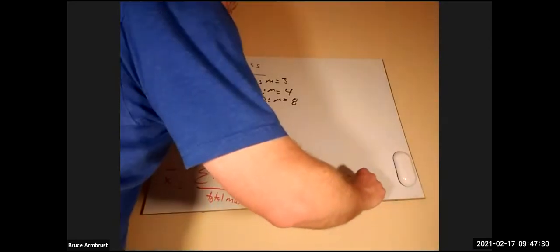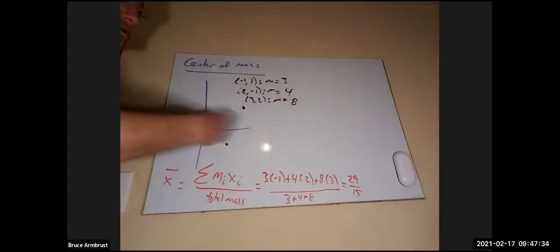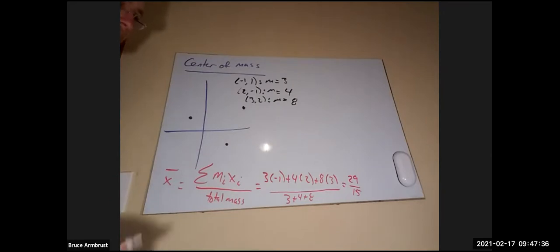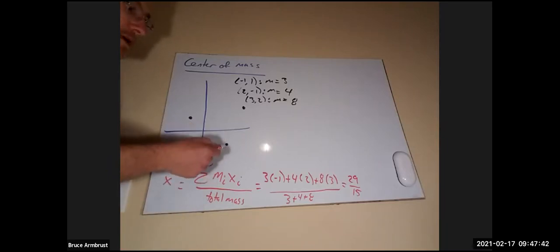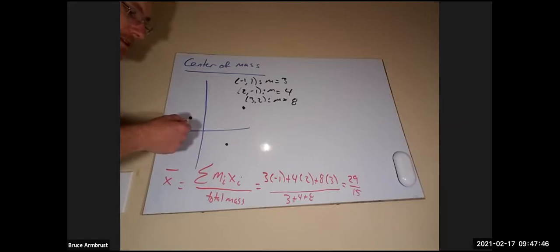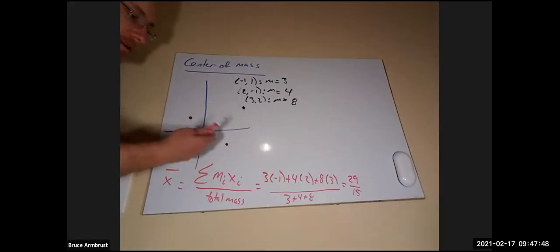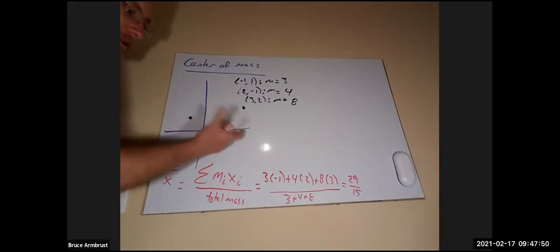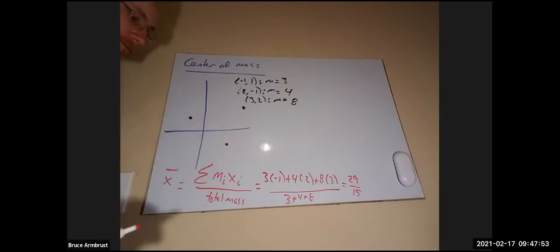So this is 29/15. So if we were only concerned with the x direction, we'd see that the center of mass is at 29/15. So just about 2. Which was where this guy was. And so you can kind of think of it as this mass out on the left is balancing out the one on the right. And in terms of left and right, we're balanced right here.